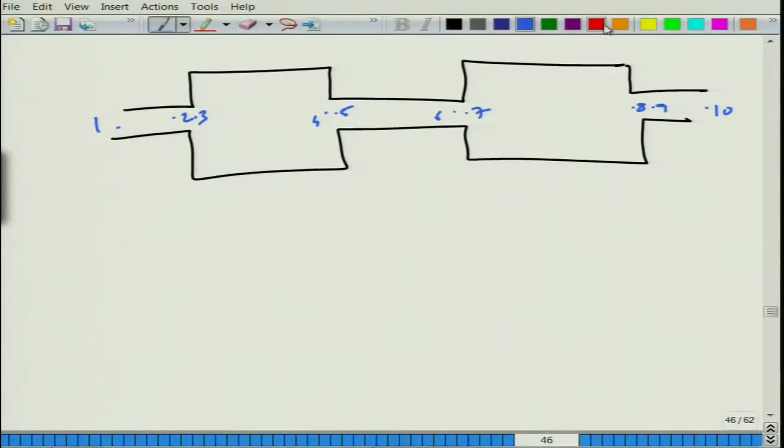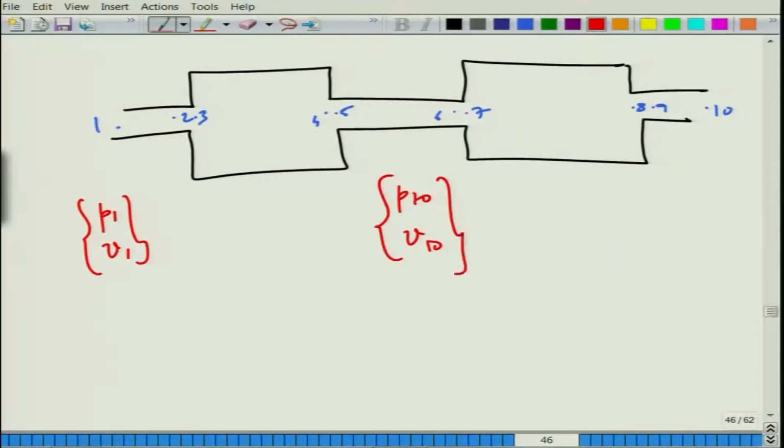To relate things from P1, V1 to V10, what we could do is get T12, and between 2 and 3, for a stationary medium, it is related by an identity matrix, if you recall. So, T23 is an identity matrix.